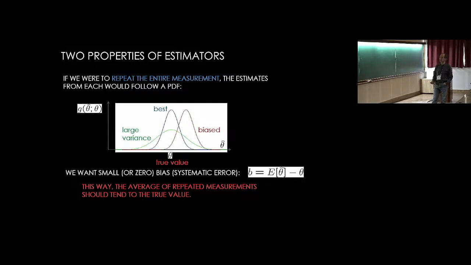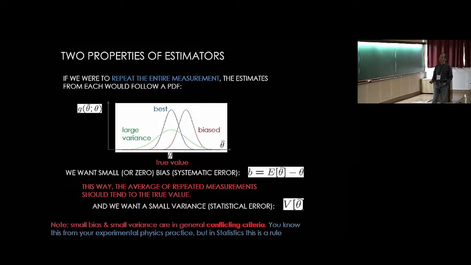If not, they will tend to B. But B itself might go to zero for a large number of measurements, okay? So don't worry. Anyways, we want also small variance. That is what is called a statistical error sometimes.